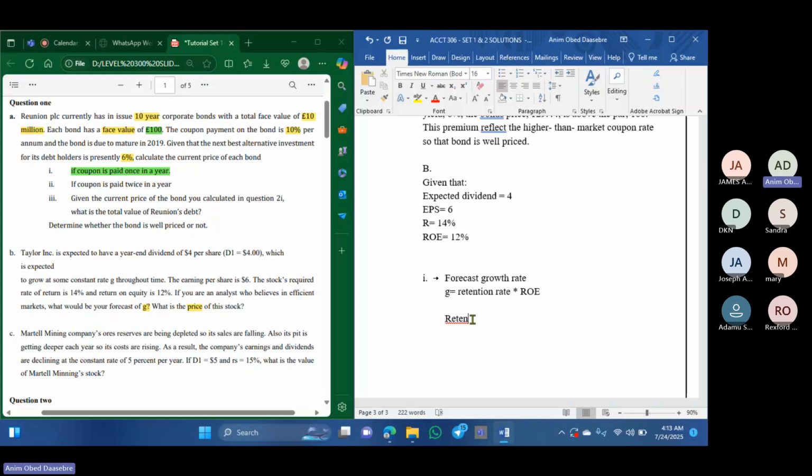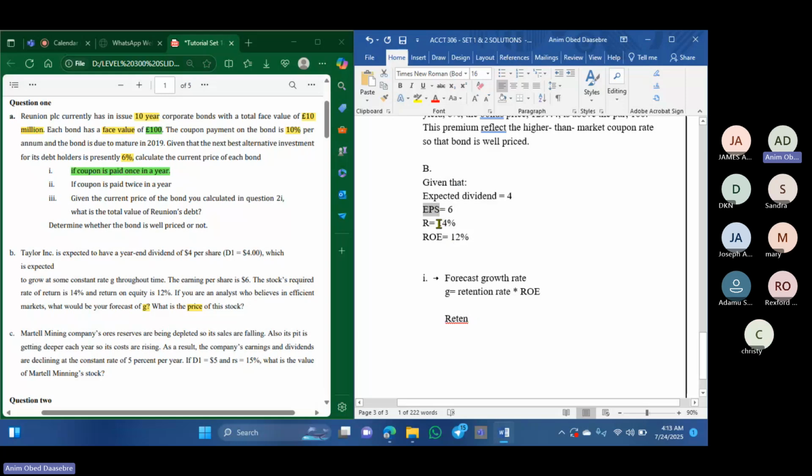Whenever you see plowback, it's the same as retention rate. We also have the payout ratio, which is the fraction of your earnings that the business pays to shareholders. The retention rate or plowback ratio is the fraction of earnings that they retain in the business to keep the operation going.